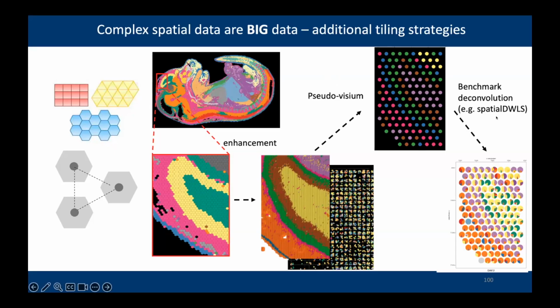In our case, we have Spatial WLS implemented, but you can use whatever deconvolution approach you want, and you can benchmark it immediately with your Stereo-seq data, giving you an idea of how well some of these deconvolution approaches work. So these are all different examples where tiling and making it very easy to go from one spatial unit to another one and keeping them all together is very useful.